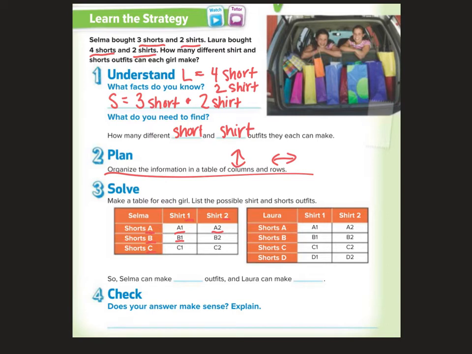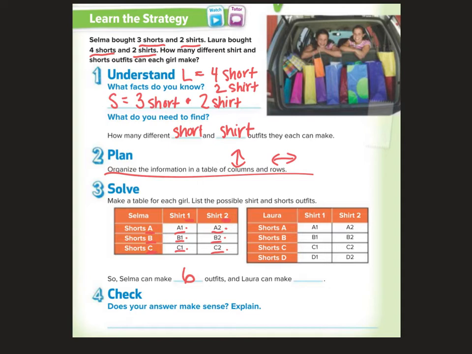Shorts B with shirt 2, B2. Shorts C with shirt 1, C1. Or shorts C with shirt 2, C2. So Selma can make 1, 2, 3, 4, 5, 6 different outfits.